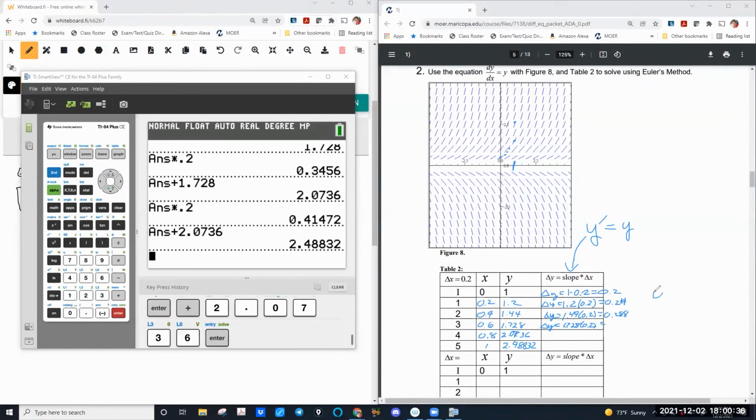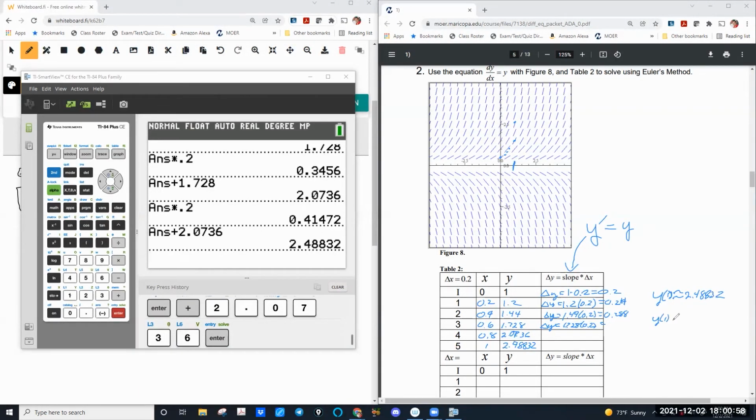So what we find with Euler's method is that y of 1 is approximately 2.48832.